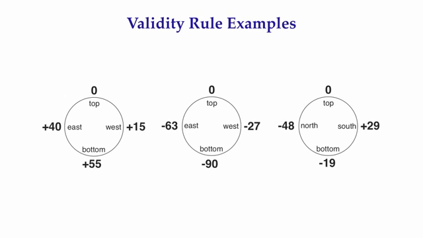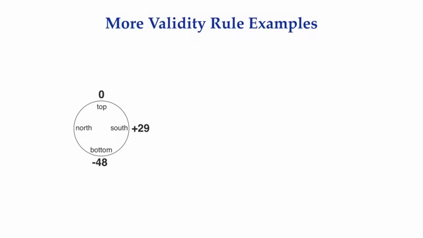Let's do a couple more example problems that will hopefully fine-tune your math skills on the validity rule. Here, we've zeroed an indicator on the top, observed a plus 29 on the south side, and a minus 48 on the bottom. What should we get on the north side?